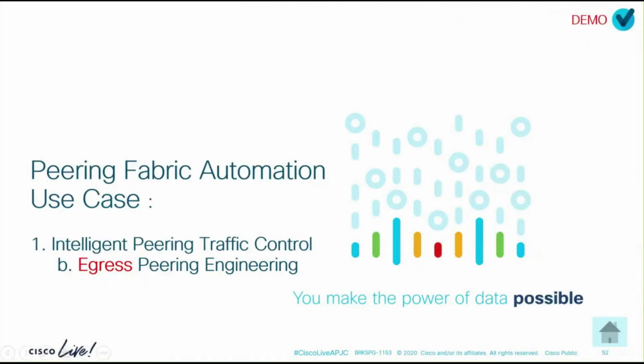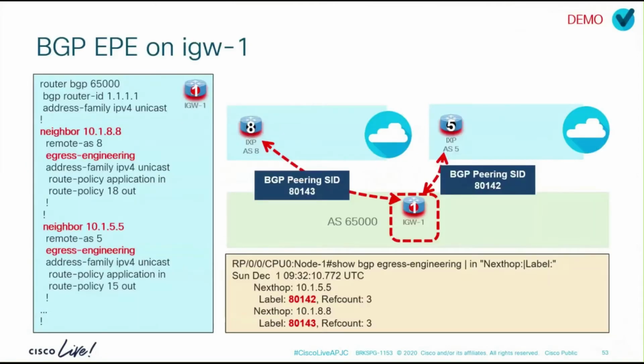Okay, let's continue with the peering traffic control for egress, outgoing traffic. On the egress, we leverage segment routing with the BGP egress peering engineering label, which is a BGP peering SID. You can see on the configuration here, on the neighbor, this is the point of view on router IGW1.